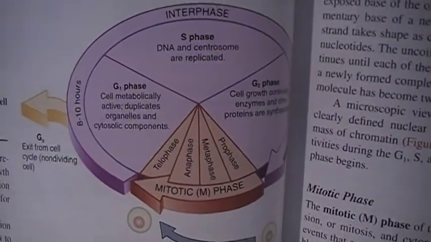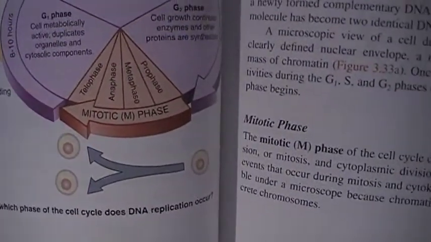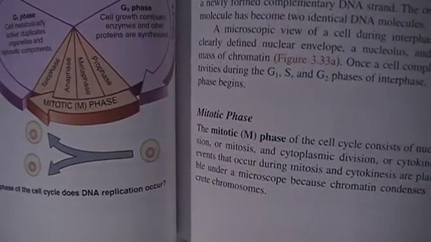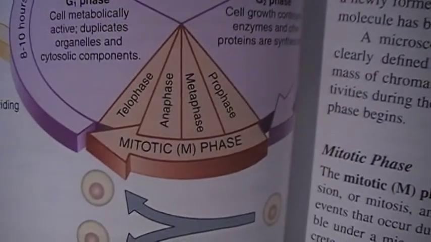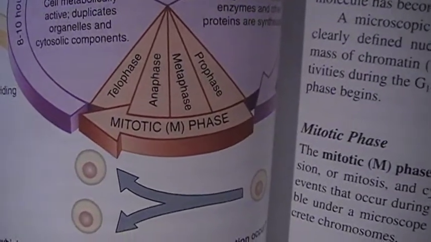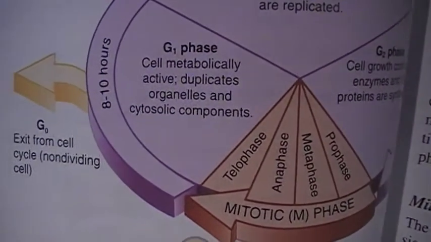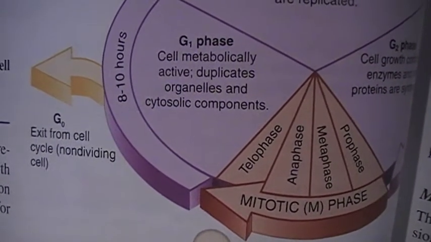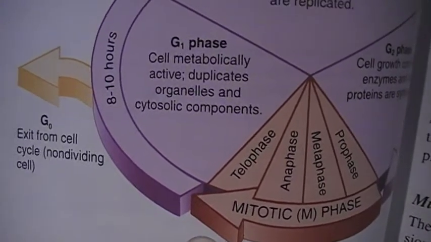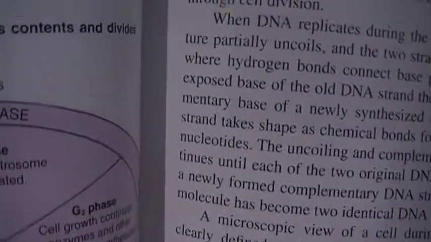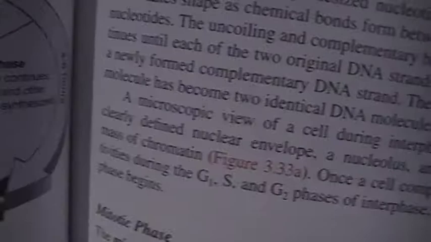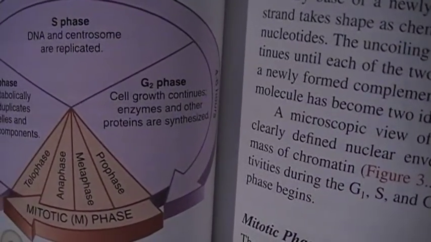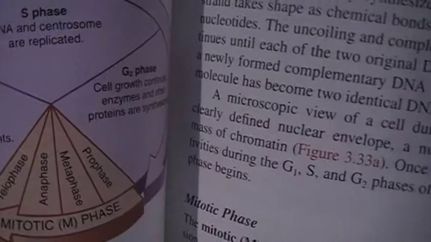This is the cycle. We start off with telophase, anaphase, metaphase and prophase. And then we go on to G1 phase, where the cell duplicates its organelles. Then the S phase, where the DNA and centrosome are replicated, and the G2 phase, where cell growth continues, and enzymes and other proteins are synthesized.